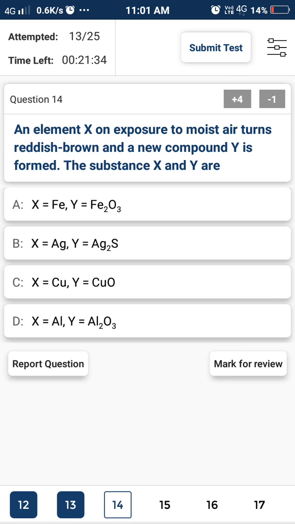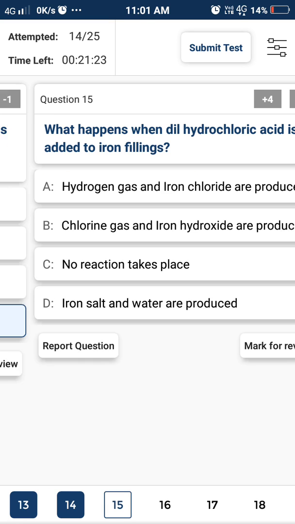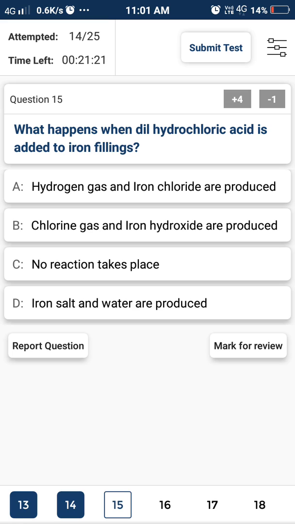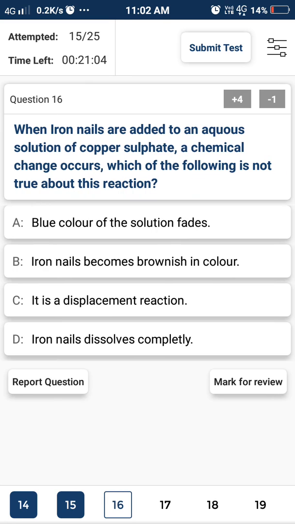An element X on exposure to moist air turns reddish brown and a new compound Y is formed. What are the substances X and Y? What happens when dilute hydrochloric acid is added to iron flakes? Hydrogen gas and iron chloride are produced. No reaction takes place. Iron salt and water are produced. Hydrogen gas and iron chloride are formed.